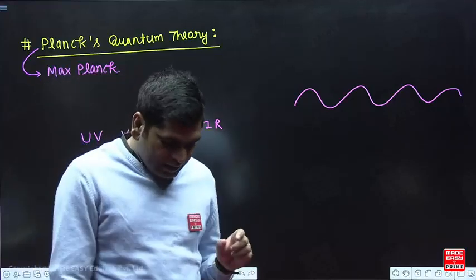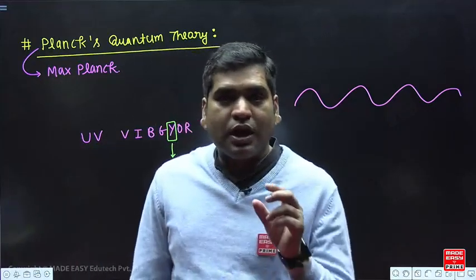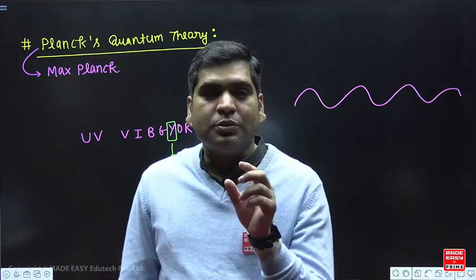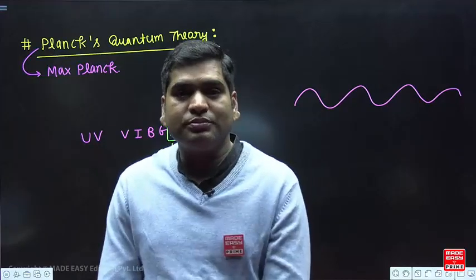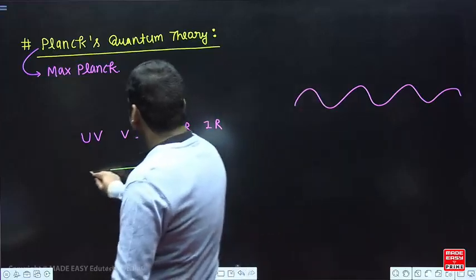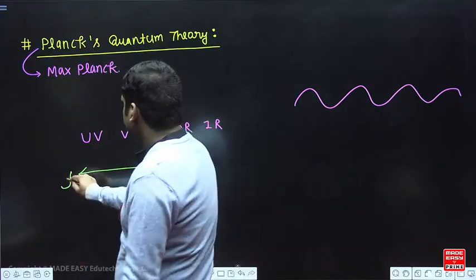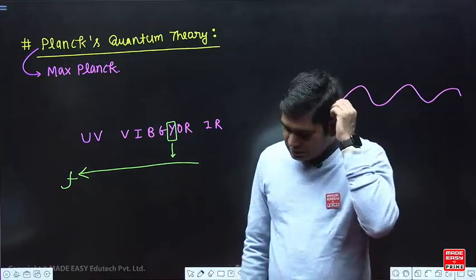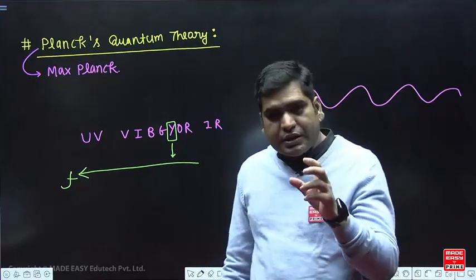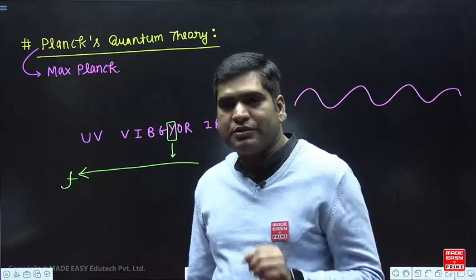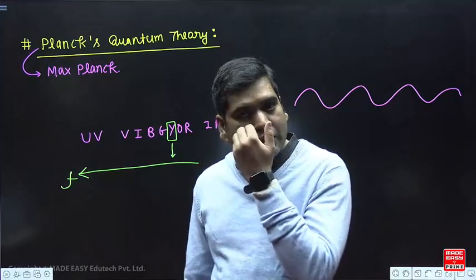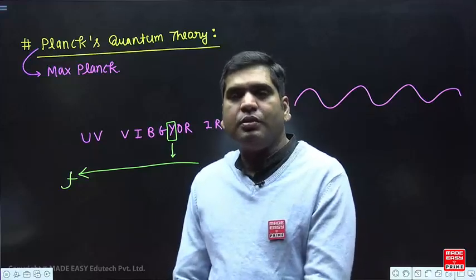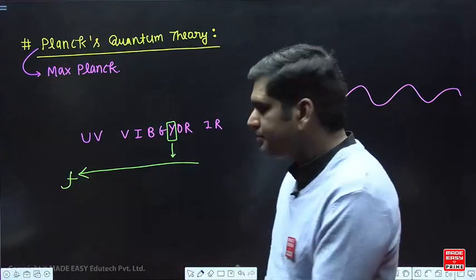It means iron is absorbing the energy of frequency having yellow color. This is arranged in the order of increase in frequency. ये ऐसे frequency बढ़ती चली जाती है. Every color has a different frequency. So it is absorbing energy of the frequency corresponding to the yellow color, and then that frequency it is emitting, and because of which it is visible as yellow color.